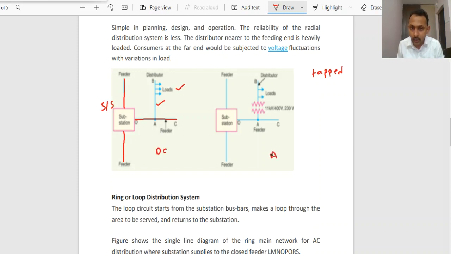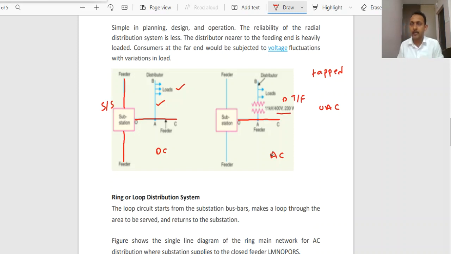If it is an AC distribution system, from the substation here also we will have the feeder. OAC is the feeder. Now on this feeder there will be one distribution transformer, which will step down the voltage to 400 volts.